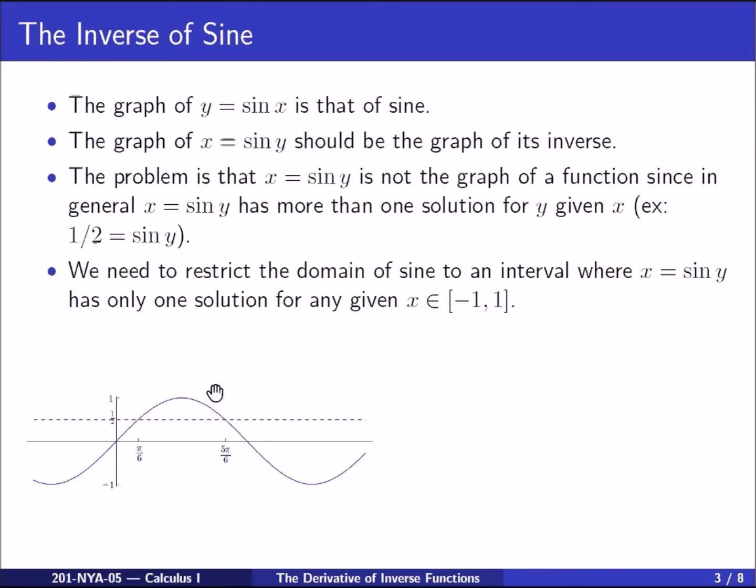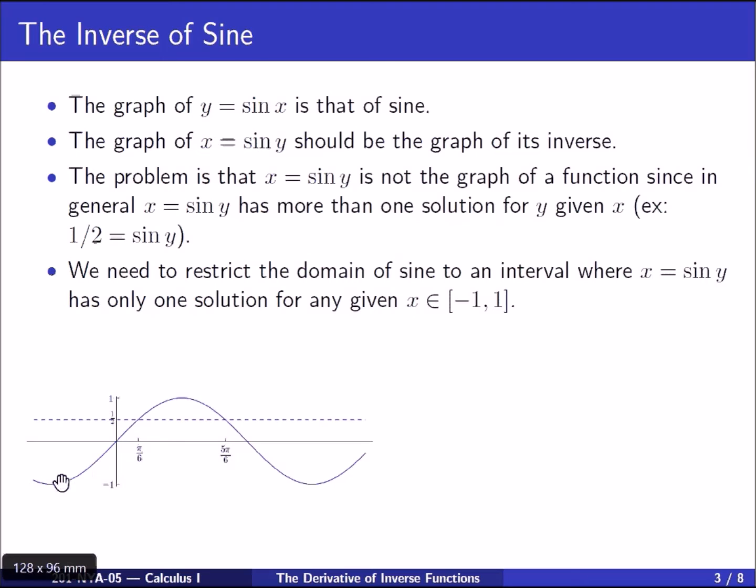So we need to choose a portion of the sine curve where this won't happen, where any horizontal line between -1 and 1 won't intersect the graph of sine in more than one place. Furthermore, we want the equation to have a solution for any value of x between -1 and 1.